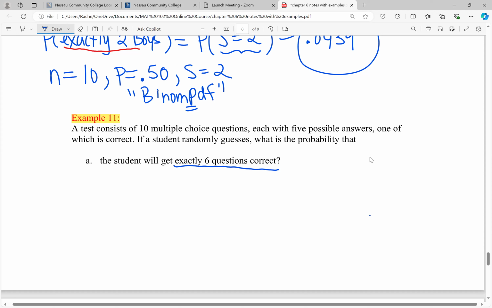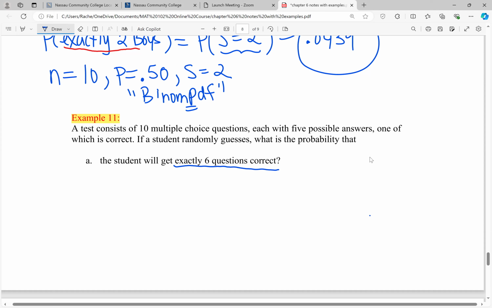And we could think of these 2 categories as a success and as a failure, right? So we're interested in the probability that the student's going to get the answer correct. So we're going to consider a success getting the answer correct. And for any given question, the probability of a success, or the student guessing correctly, is always going to be the same, right? If there's 5 possible answers, only one of them is correct.